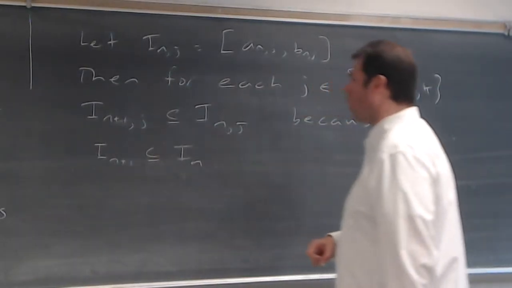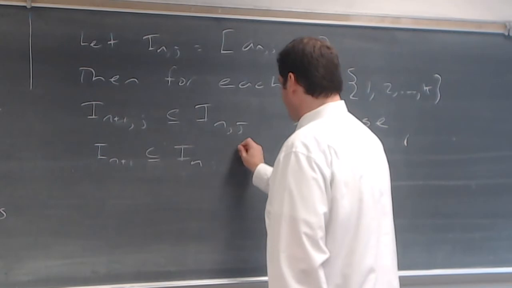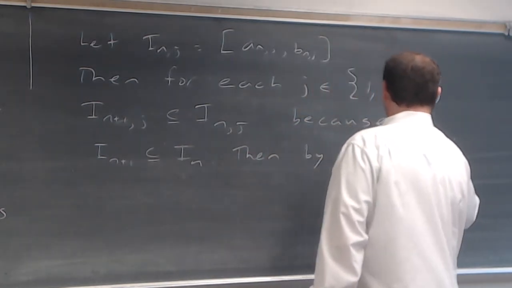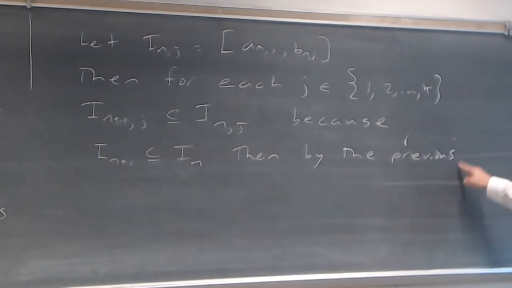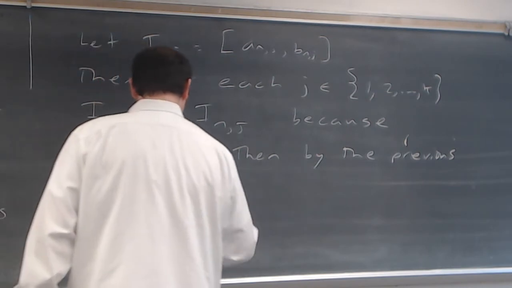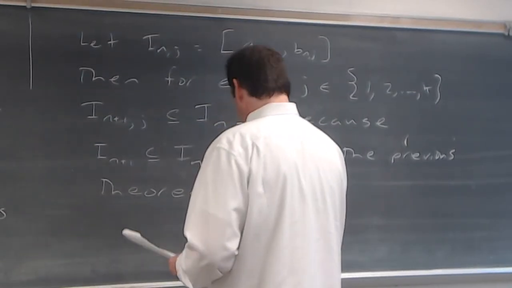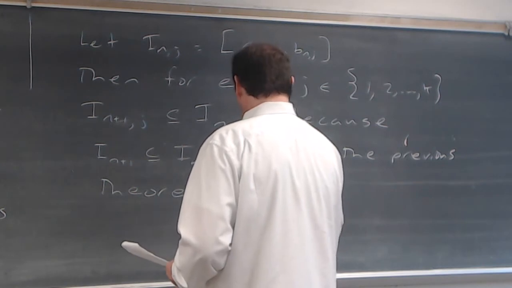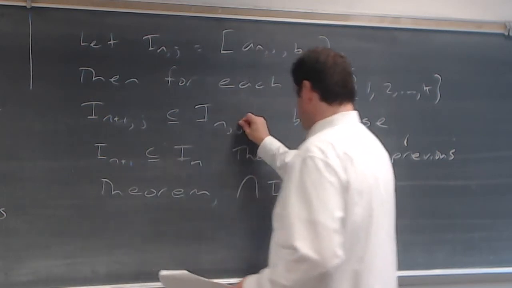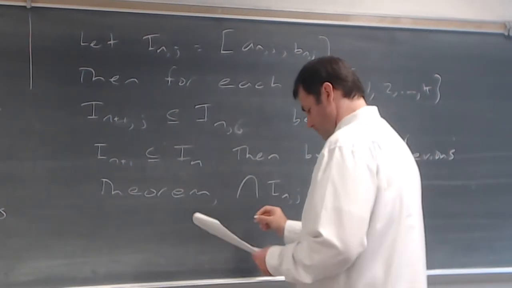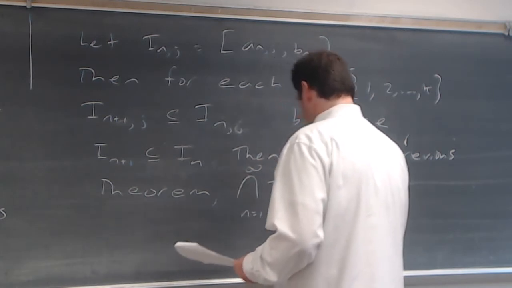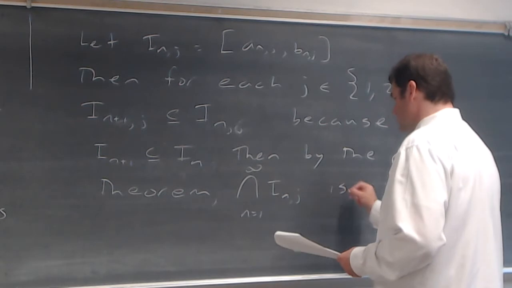Since these are just in R, by the previous theorem, the intersection of the I sub n,j as n runs from 1 to infinity, for any fixed j, is non-empty.